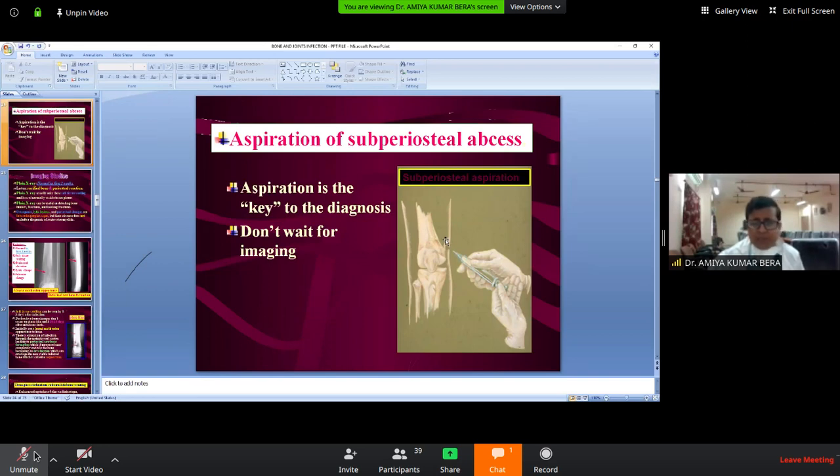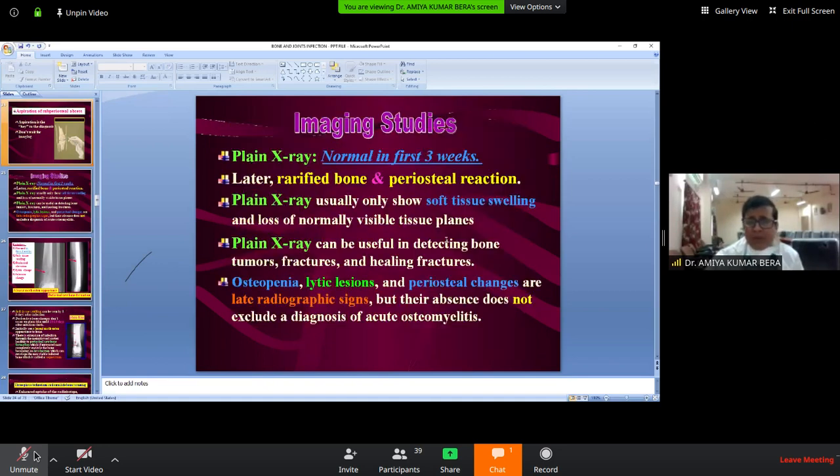Either in septic arthritis or in the periosteal stage, you will get the diagnosis instantaneously, and don't wait, because the surgeon's knife relieves millions of bacterial burden and thereby helps recovery of the patient, symptomatically as well as in the long run.